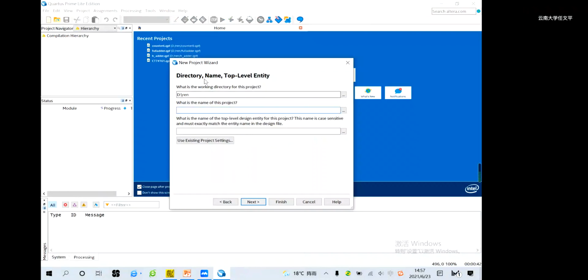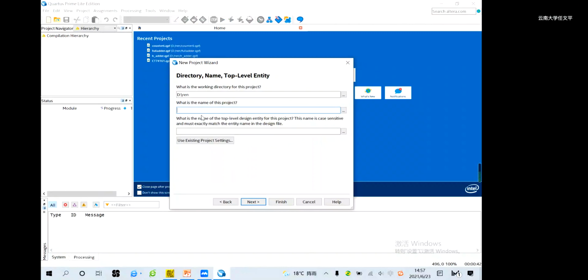This name must be different from the last name. We cannot call it half again, because we already used that name. In this folder, every experimental circuit must have a different name.